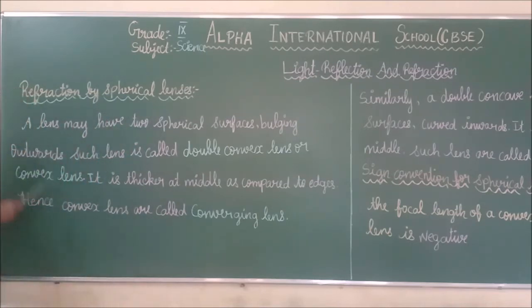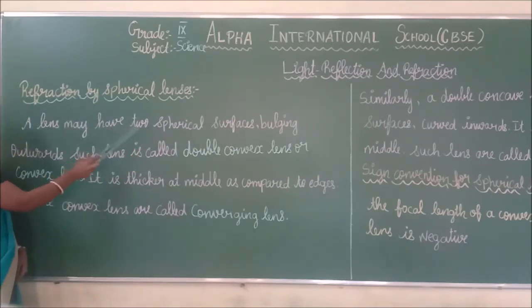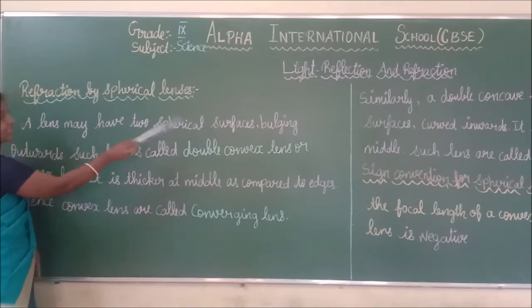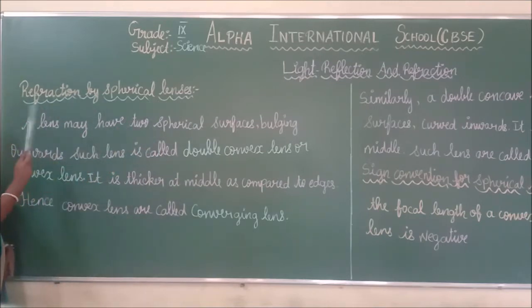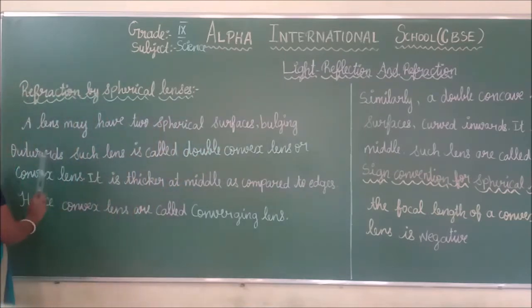Okay, students. A lens may have two spherical surfaces. Like spherical mirrors, a lens may also have two spherical surfaces bulging outwards.